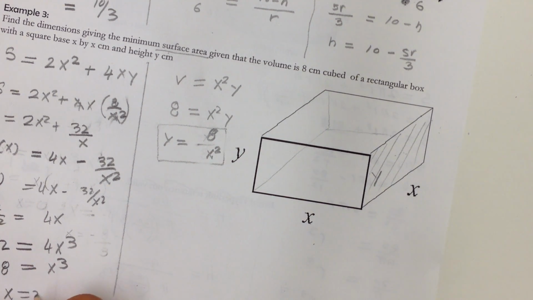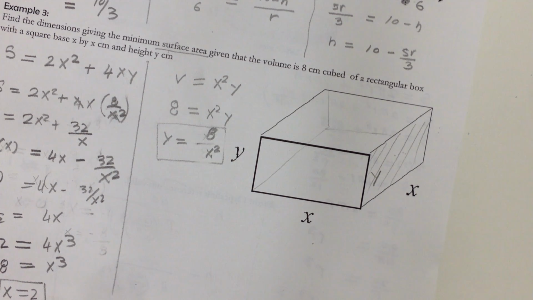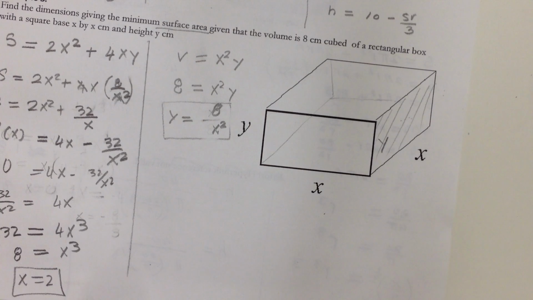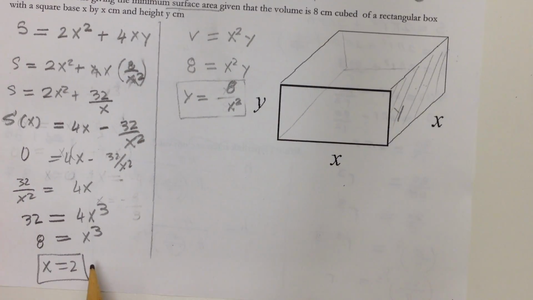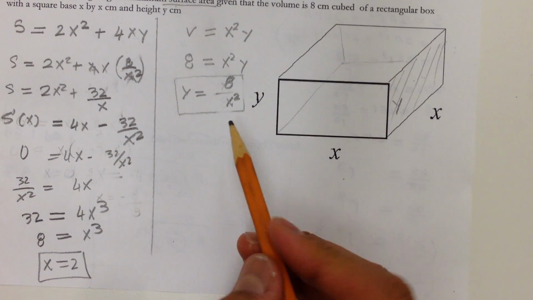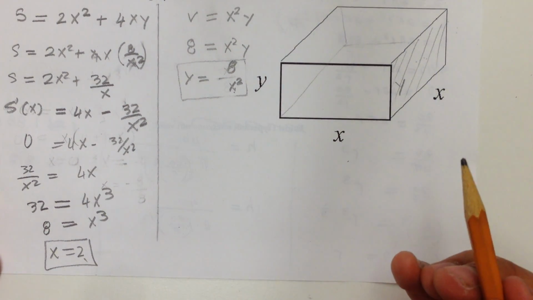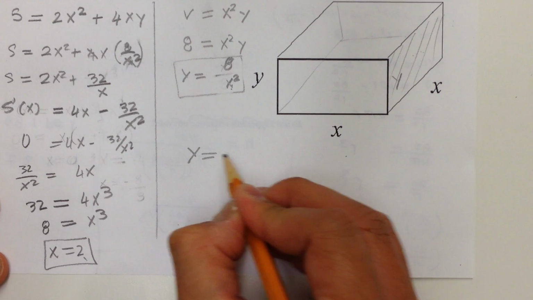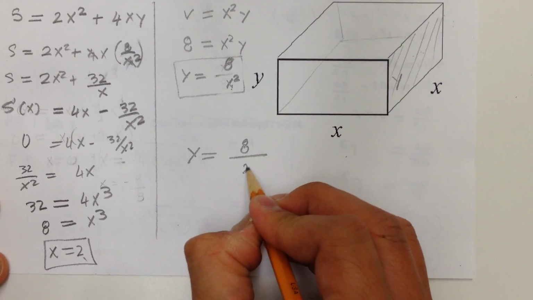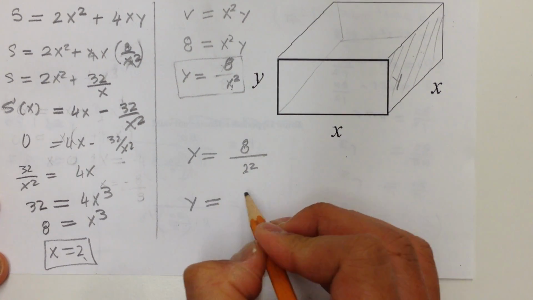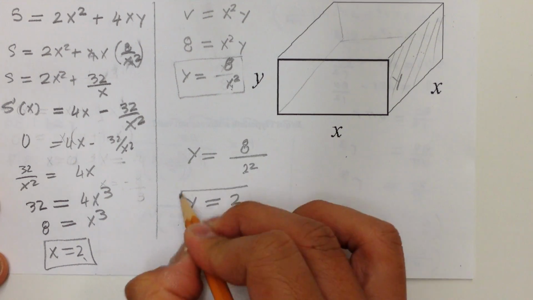So x equals 2. Awesome. All right. So guess what? The dimension that minimizes the surface area is x equals 2, but then we have to find y. So here's the relationship to find y. We're going to go ahead and plug it in there, and that helps us calculate y. So y equals 8 over 2 squared, which means that y is also equal to 2. All right, there you go.